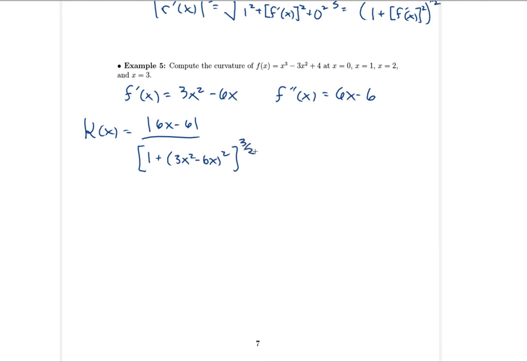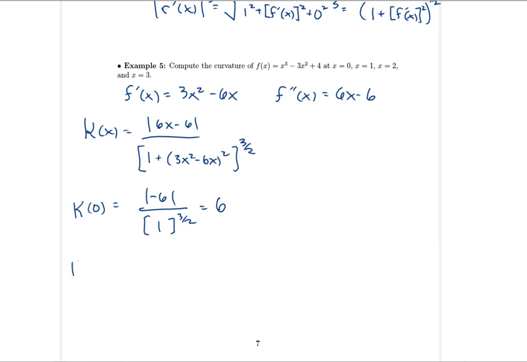But what we can do is go ahead and plug in all these values here. So the curvature at 0 is going to be -6 over, it'll just be 1 to the 3/2, so that's just going to be 6.